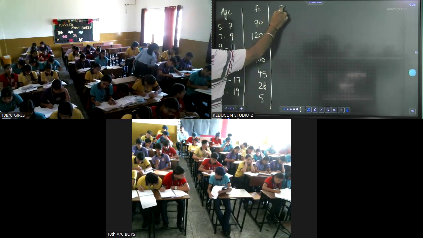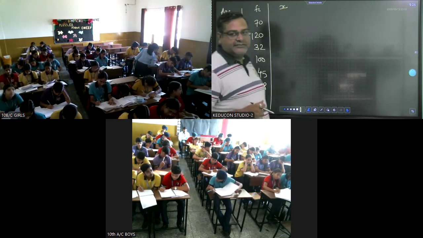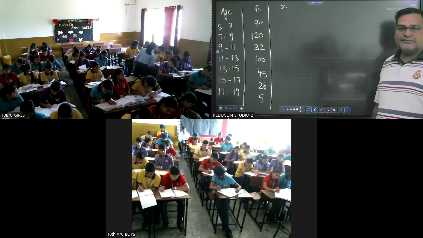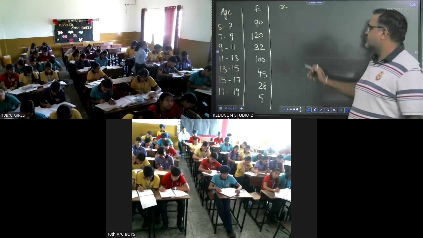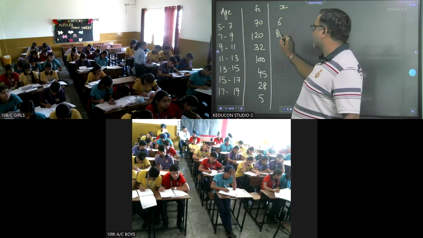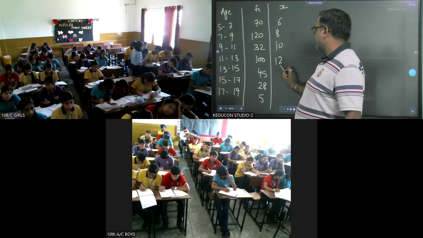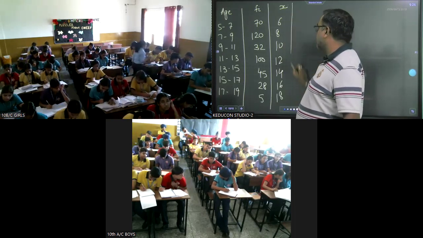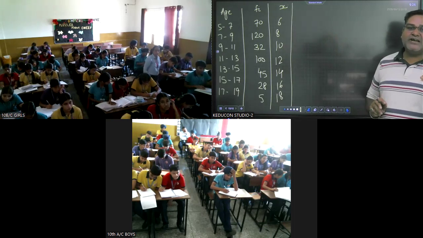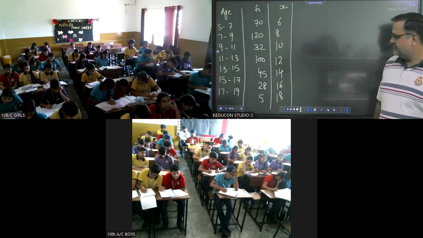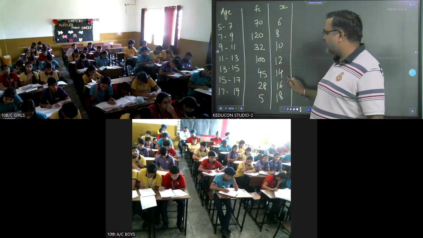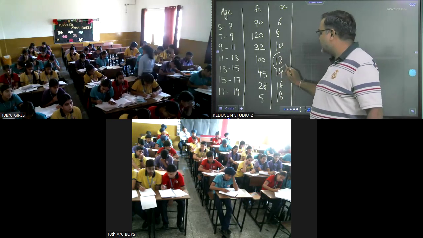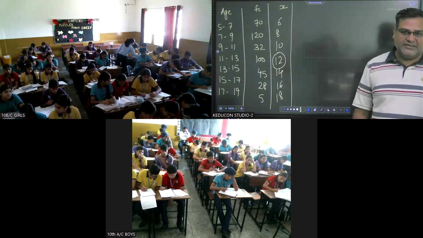Yes, student, tell me what will be the xi? 6, 8, 10, 12, 14, 16, 18. Now, out of these, which one will we assume as assumed mean? 12, right, students? Because there are 7 classes, so leave 3 above and 3 below. So you have 12 as assumed mean.